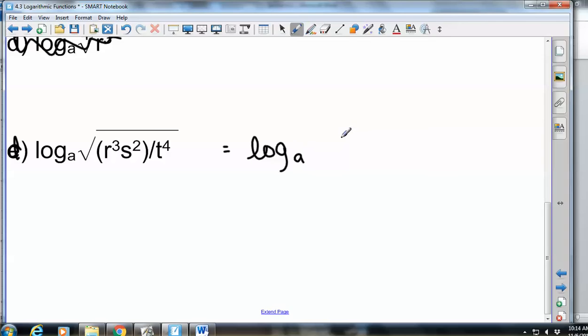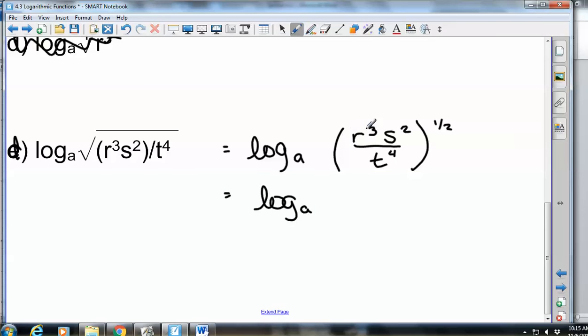A square root is like what power? 1/2. So you would have all of this to the 1/2 power. If I just worked on simplifying this expression as it's written, you would take the 1/2 to each. So 3 times 1/2 would be 3/2. 2 times 1/2 is 1. 4 times 1/2 is 2.